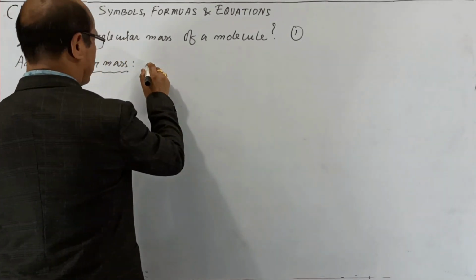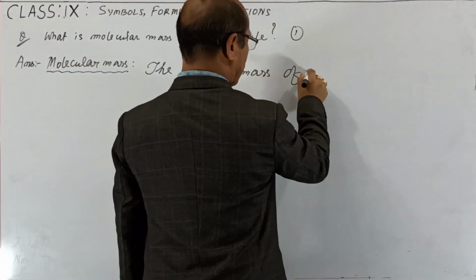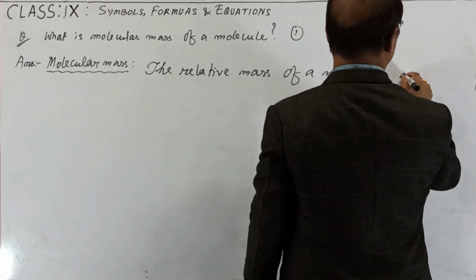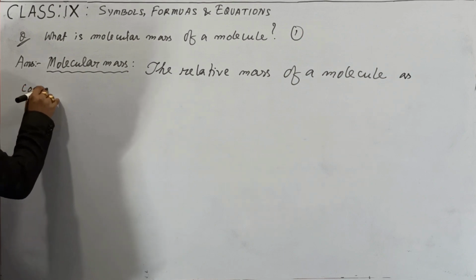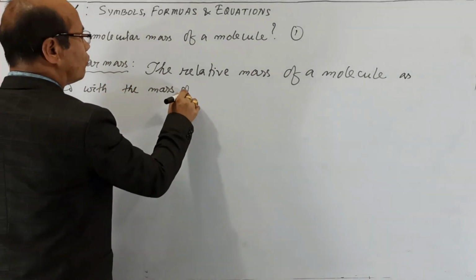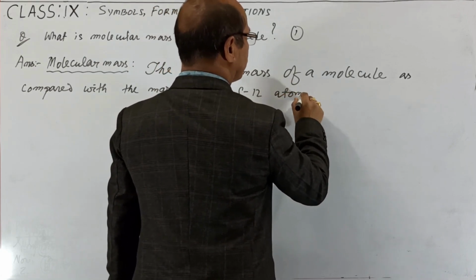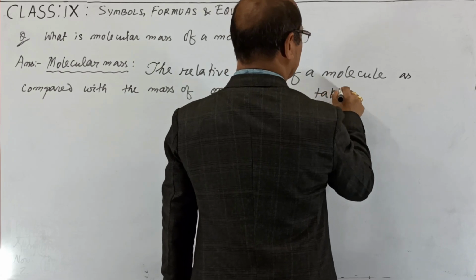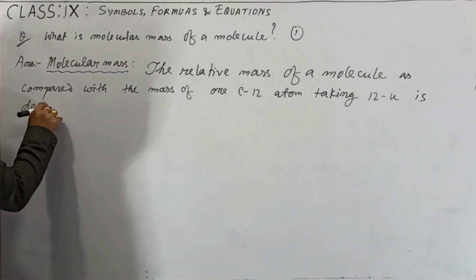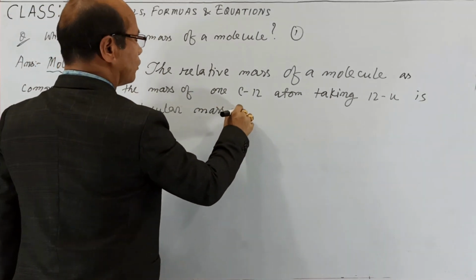So when you write the definition, you have to write like this: the relative mass of a molecule as compared with the mass of one C12 atom, taking 12 U, is defined as the molecular mass of the molecule.